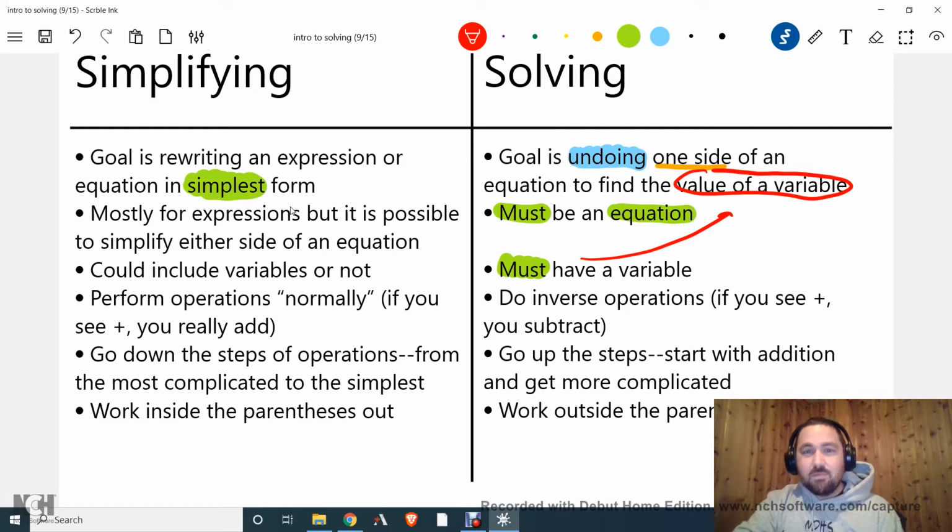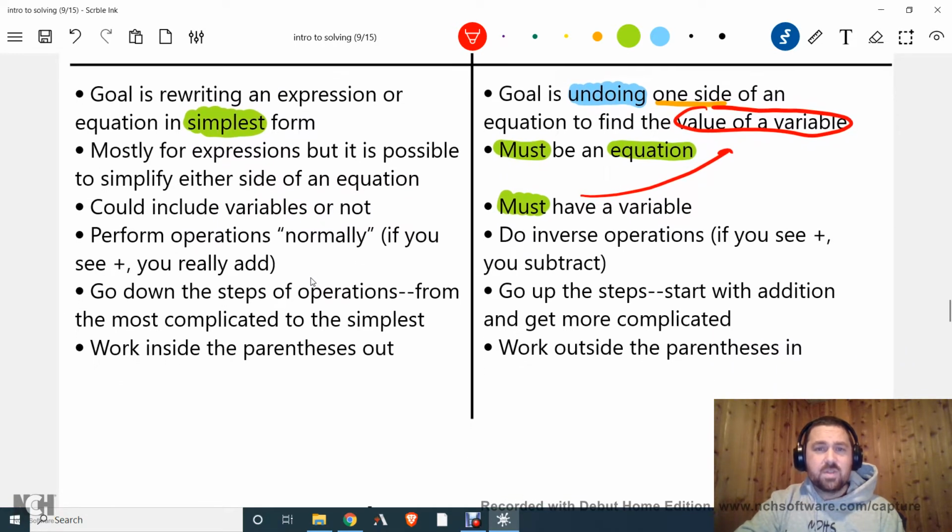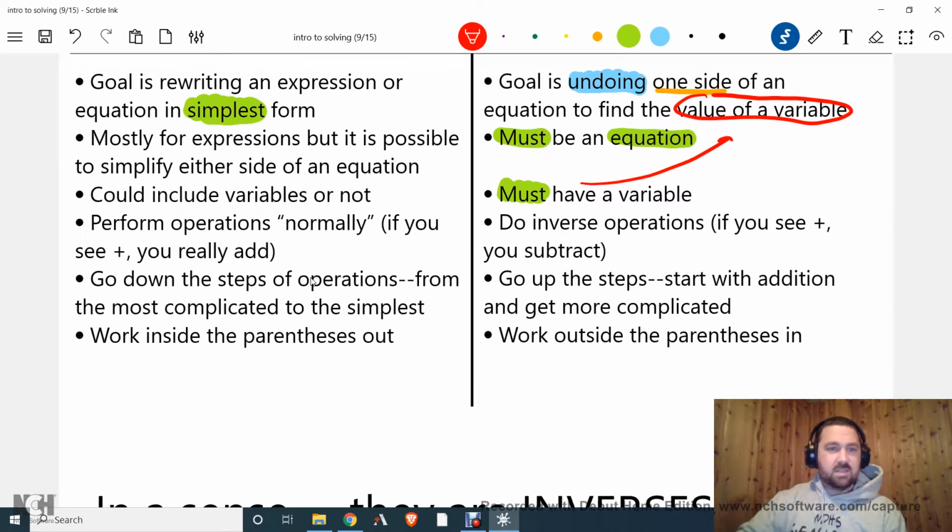These next three really, to me, highlight the relationship between simplifying and solving so well. For simplifying, you perform operations normally, meaning if you see addition, you're adding. For solving, you do inverse operations. So we have normal operations for simplifying and inverse operations for solving.